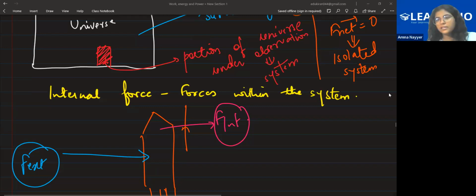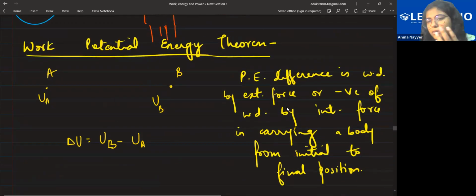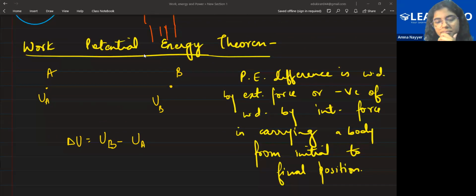Okay, class. Now, let us discuss the work potential energy theorem. So, what was the work kinetic energy theorem? Justine, can you try? Work energy theorem. We have already discussed it, no? And we have been discussing it.